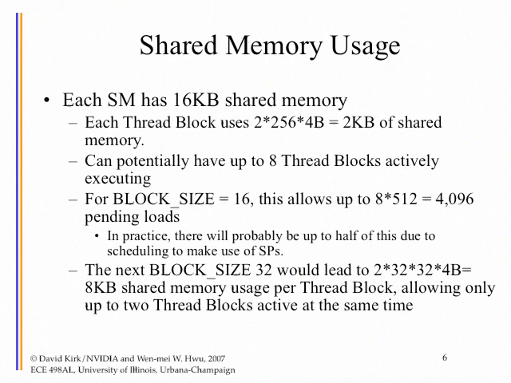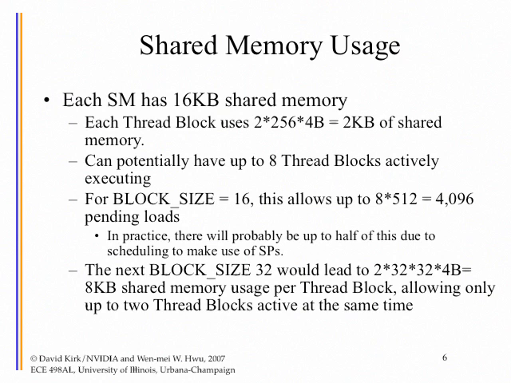Each element is 4 bytes. And I need to have M and N tiles, right? So I need to have 2 tiles. So that's 2 times 256 times 4 bytes. And that gives me 2 KB of shared memory usage per thread block. Okay? And that is a 16 by 16 tile configuration.